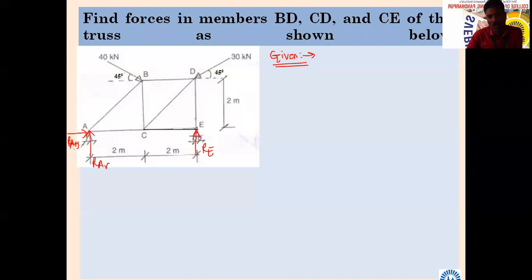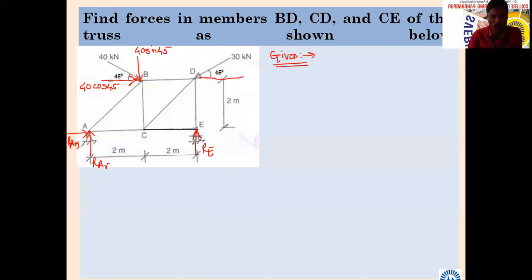Now the two forces, I will resolve here itself. Since the angle is 45 degrees, what will be the horizontal component here? 40 cos 45. What about this vertical? 40 sin 45.